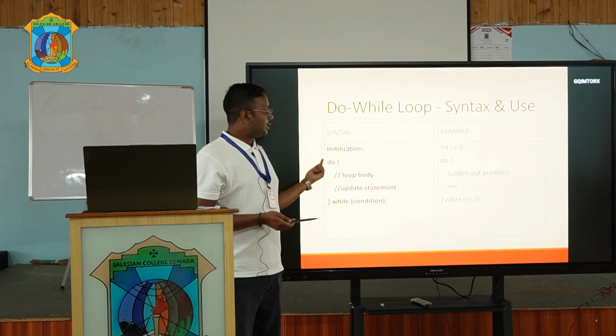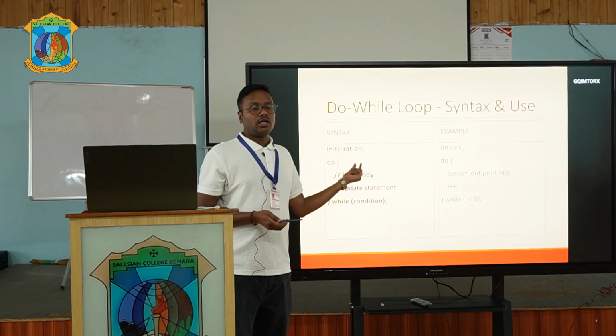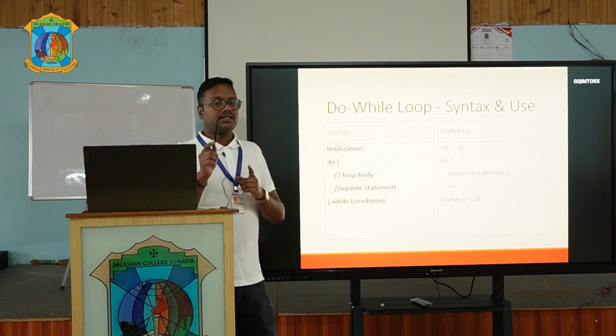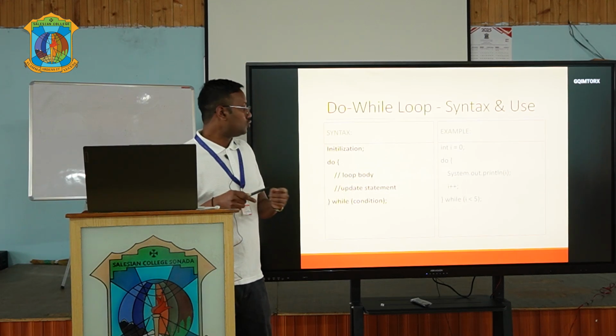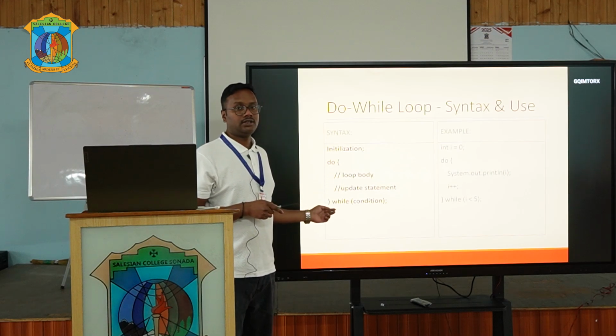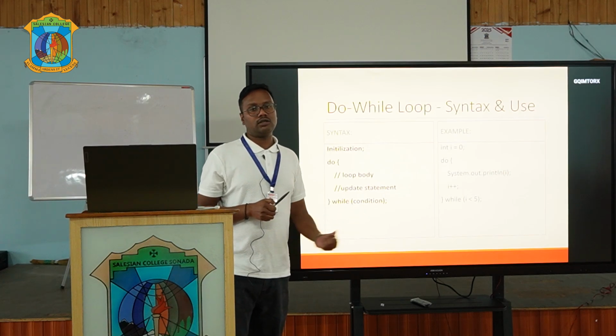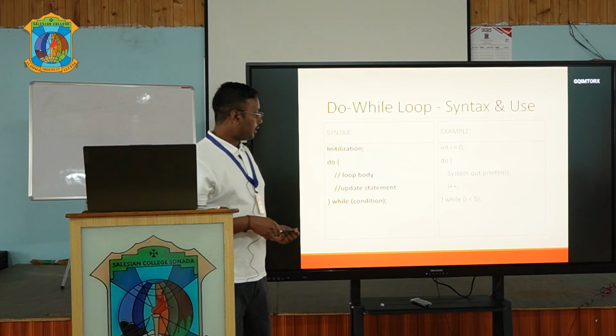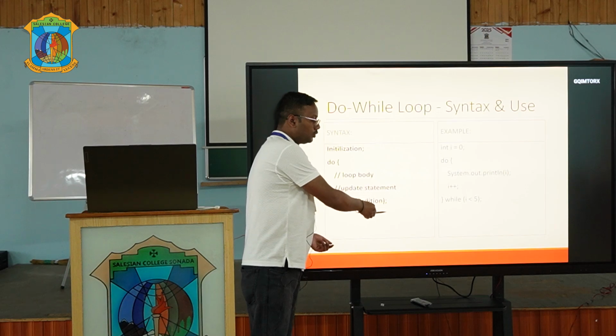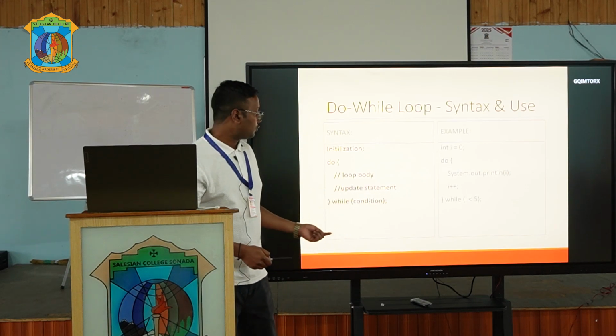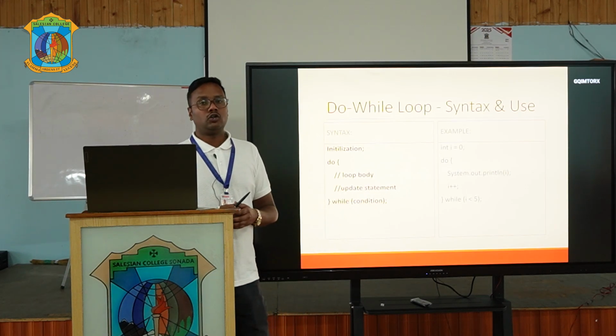Then we will use the do keyword. Note that the do while loop body is again designated using two curly braces from here to here. And then we will have a while keyword, and inside it we are going to give the condition. Note that we will also need to use the semicolon to represent the end of the loop.